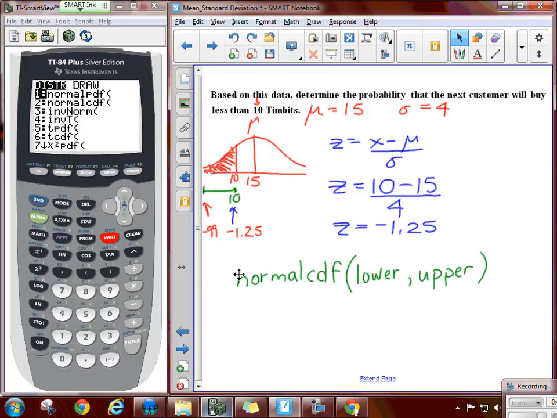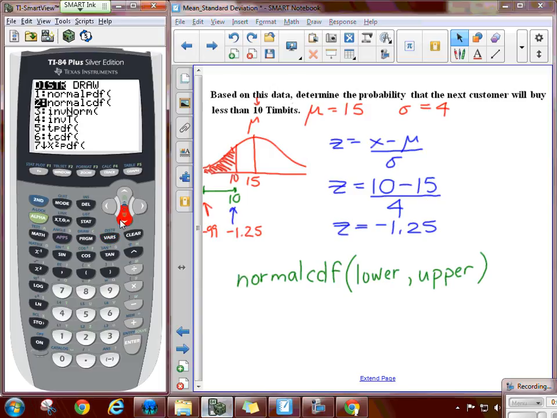Now, depending on how new your calculator is, you could see 2 different versions here. So I'm going to go down to normal CDF and I'm going to choose enter. Mine has the older software. If you have newer software, it actually says lower, upper, and then a few more options and a paste. You just enter the information the same as we're doing it here. So here's my normal CDF.